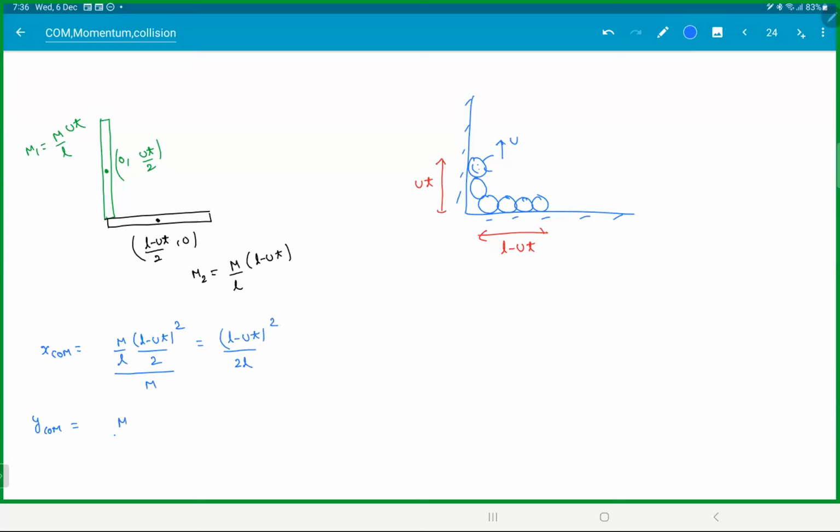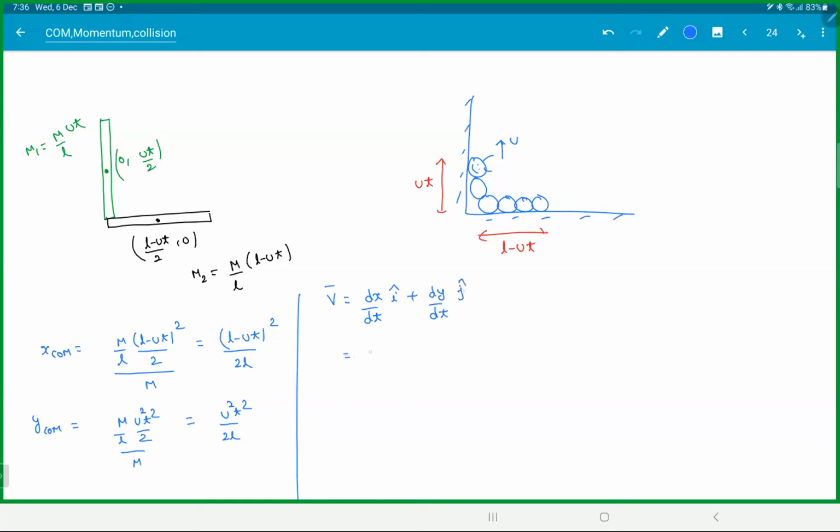M1 is m by L, ut into ut by 2, so u square t square by 2, divided by m, gives u square t square by 2L. That's your x and y coordinate, everyone. So you want velocity? Differentiate: dx by dt i cap, dy by dt j cap.